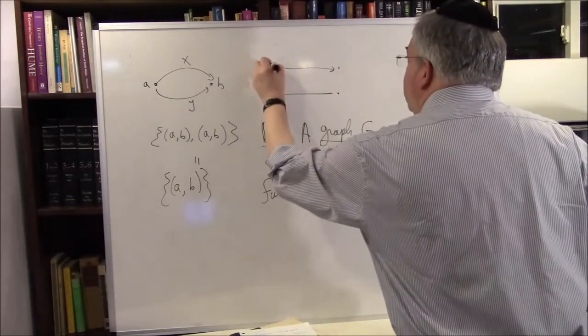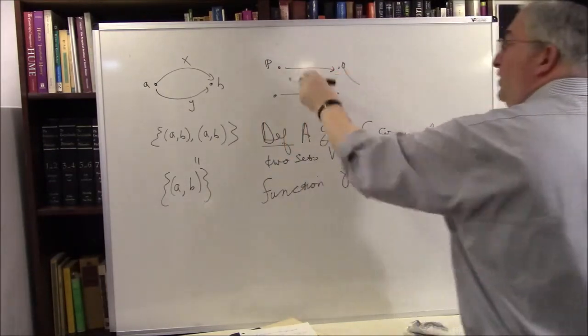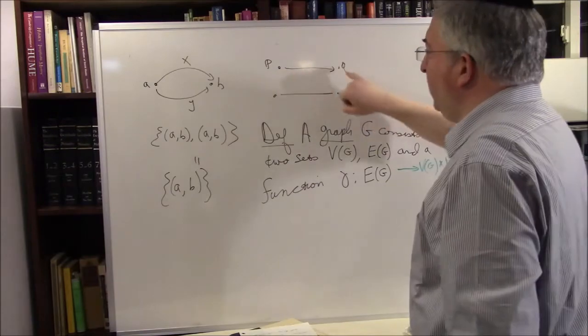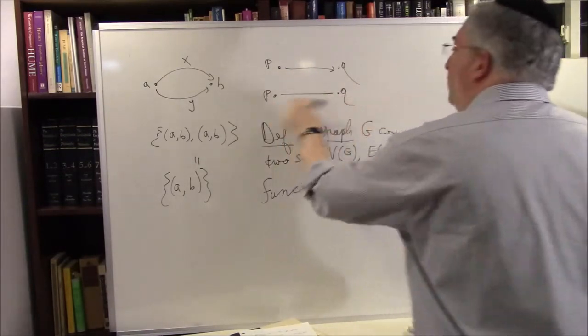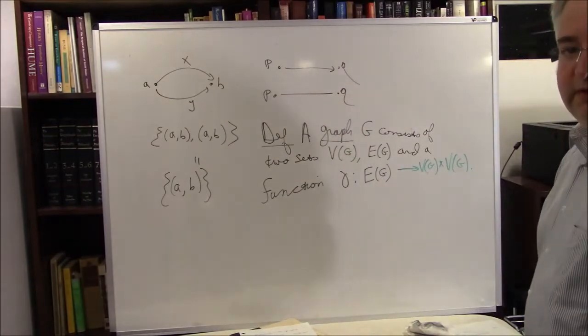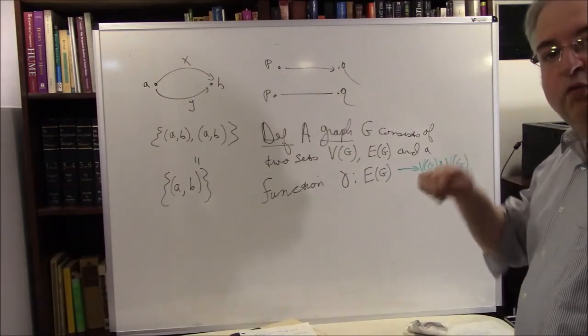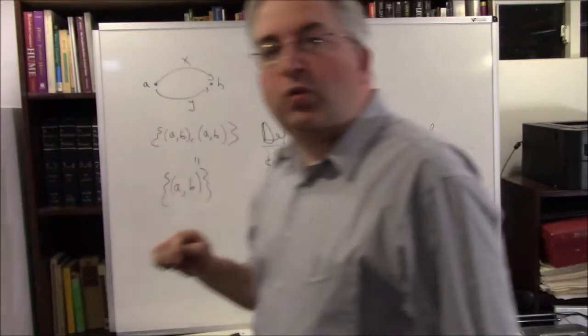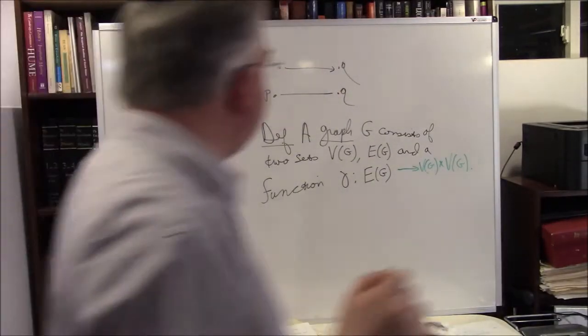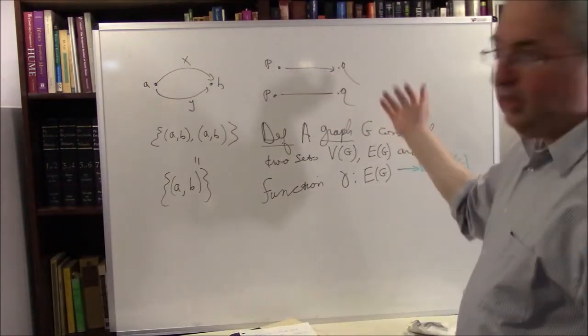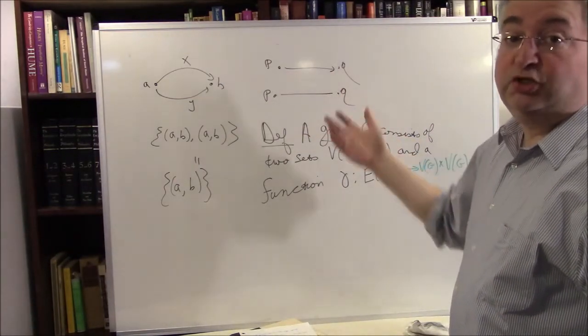When we were dealing with a direction, we had a starting place and a finishing place. But here we don't have where it begins and where it ends. We just have that it goes between two points.